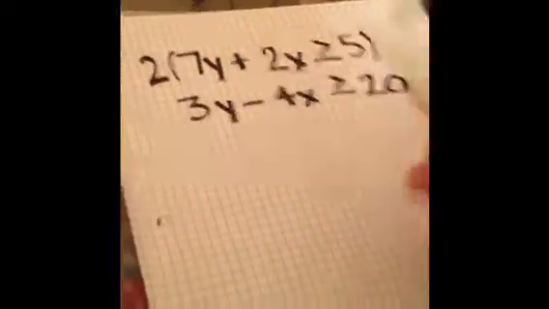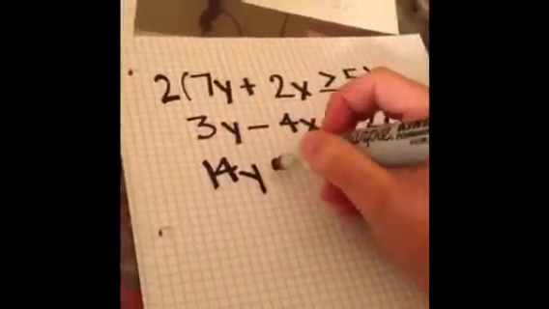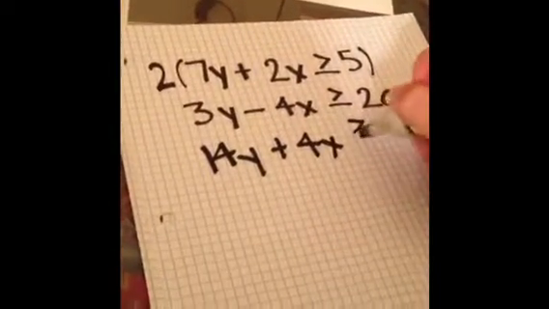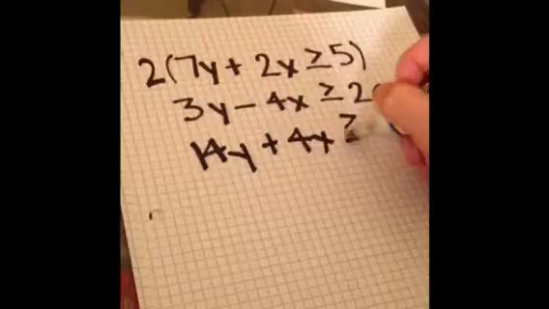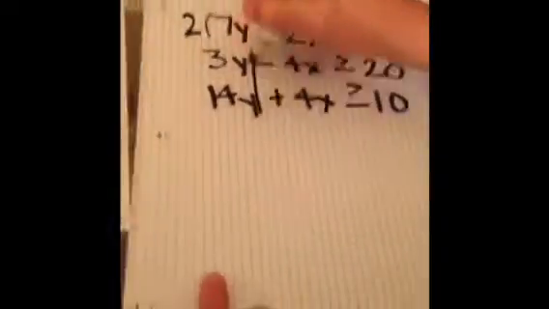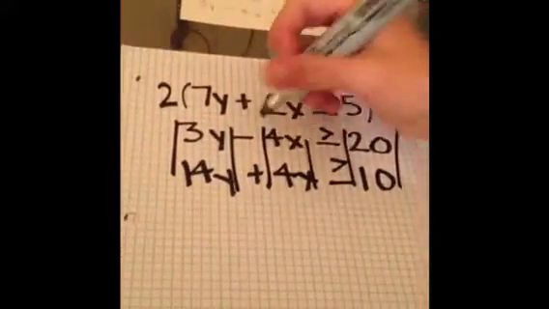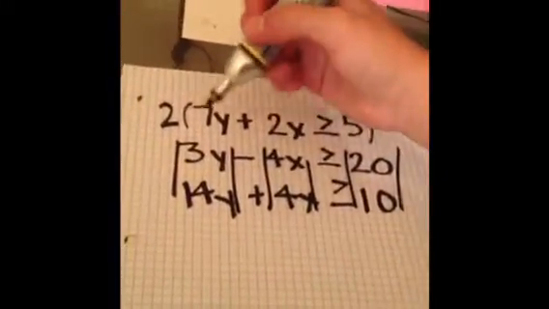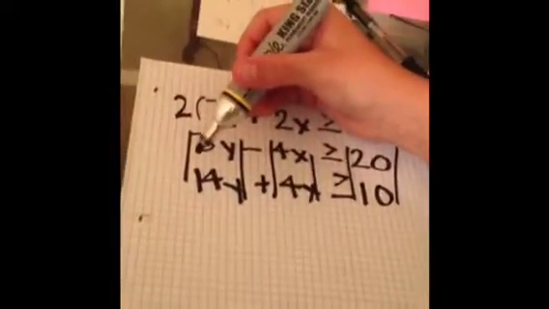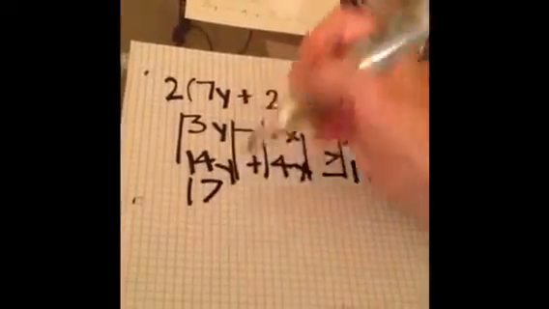And so that becomes 14y plus 4x greater than or equal to 10. So now we can add going down because these are the same. So 3y plus 14y equals 17y.